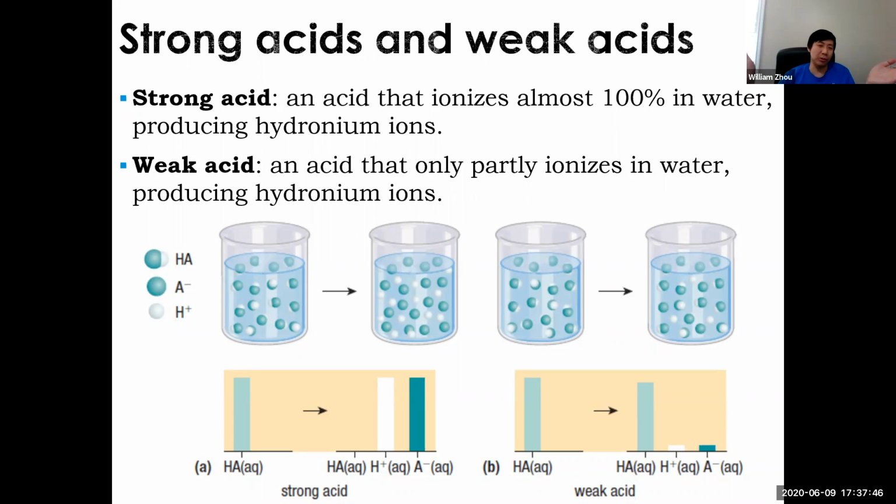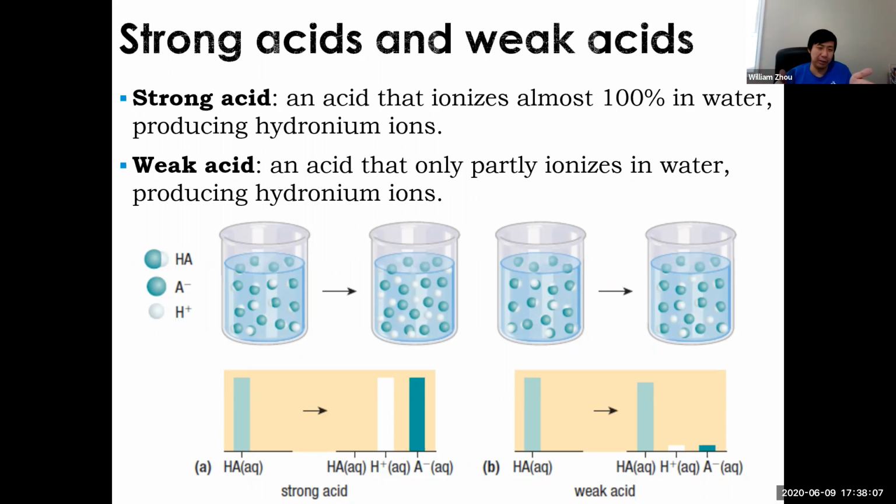Everyone reacted. There were no slackers. A weak acid kind of slacks off, right? Only partially ionizes. Only some of it is producing H3O⁺. The other ones are just sitting there doing nothing. That is a weak acid. If you look at the picture, this illustrates the difference between a strong acid and a weak acid.